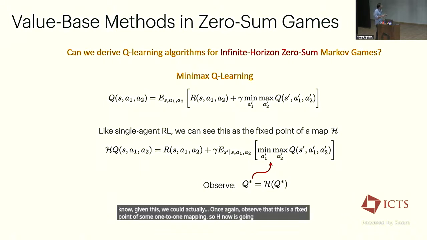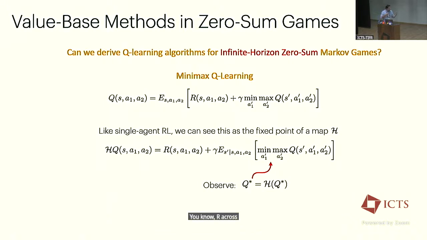So H now is going from R to the S cross A1 cross A2 to R to the S cross A1 cross A2. And H is basically just this mapping. And once again, you could observe that Q star is just the fixed point of this mapping.